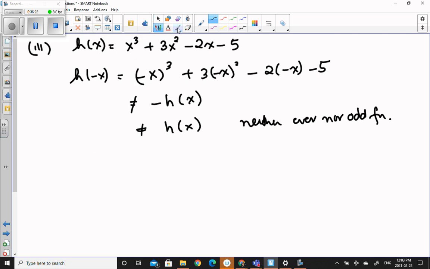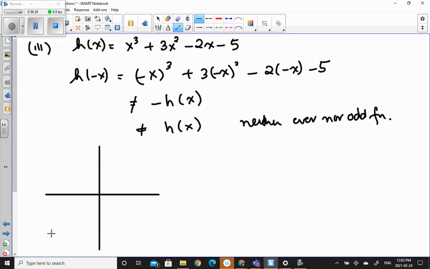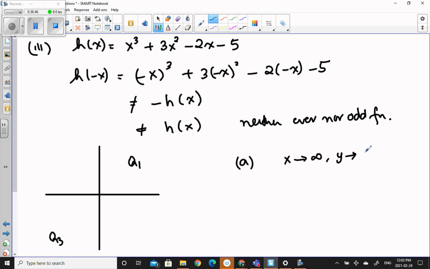Okay. And because it has a degree of 3, which is an odd number, and a positive leading coefficient, it has to go from quadrant 3 to quadrant 1, like the y equals x graph. So its end behavior is as x becomes more positive, y becomes more positive, and as x becomes more negative, y becomes more negative. So that's the end behavior.